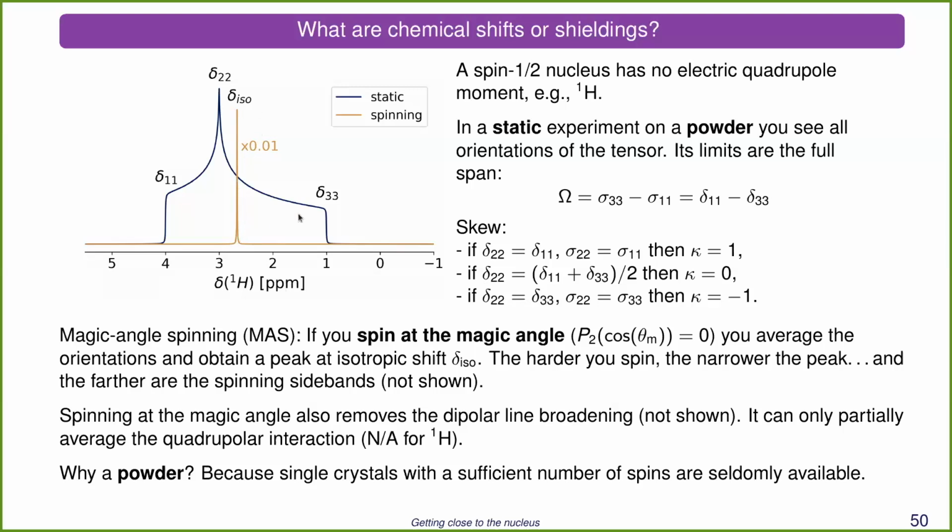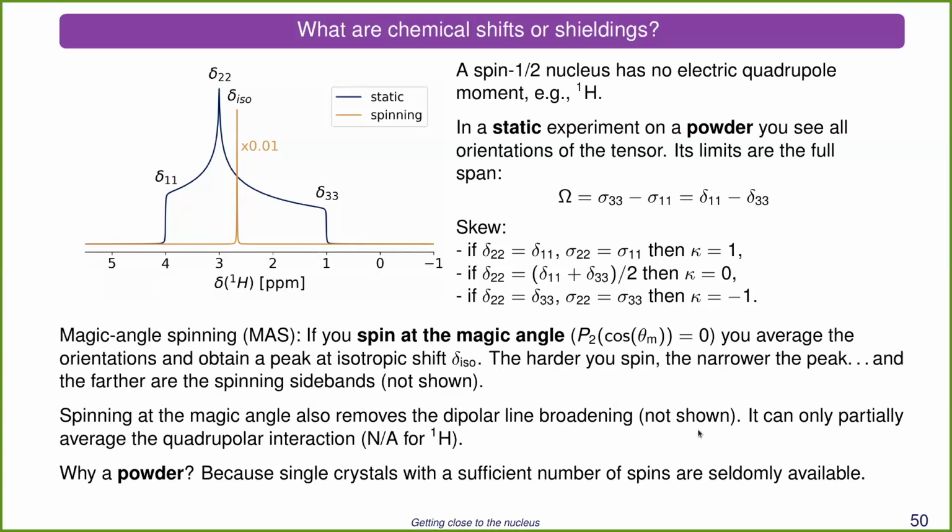So you spin harder and harder and harder, the spectrum shrinks, it goes to almost one peak, you hope, and then you find this iso. And so that's also why this iso is the main interesting thing. Of course, you get all kinds of Fourier transform trouble and whatever, but that is for the experimentalist. But you see the iso is important. There are also dipolar couplings, which are not in the spectrum.